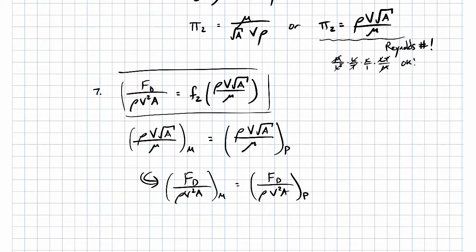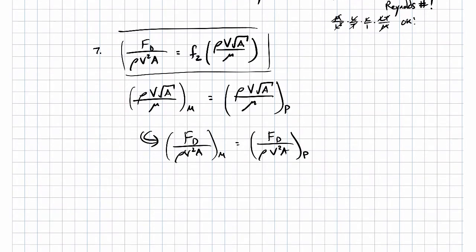All right, so now I need to find out what the velocity is that I need to use in my model or in my wind tunnel. So I can use my first equation here, just equating Reynolds numbers to find that velocity. So if I rearrange this, the velocity in the model will be the velocity in the prototype times, let me do some rearranging here. We have the dynamic viscosity of the prototype over the dynamic viscosity of the model.